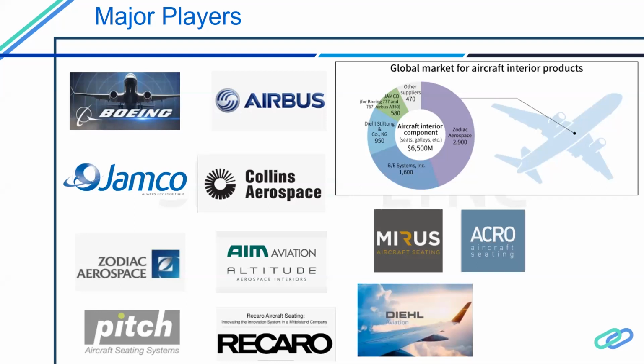I was leading the cabin interiors stress analysis group for close to 5 years, and I have worked with more aircraft players also. I added this slide to show who the major players are and what revenue an aircraft interior company generates in the aerospace sector.